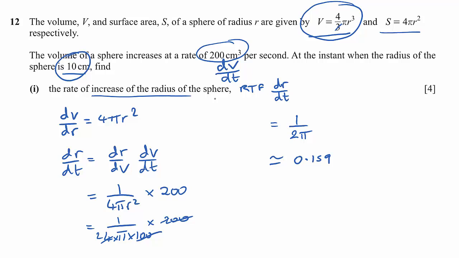And that's radius, so that would be in centimeters per second. I'd rather write that as that, or you can write it like that.